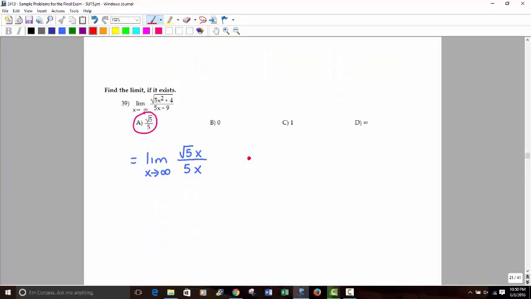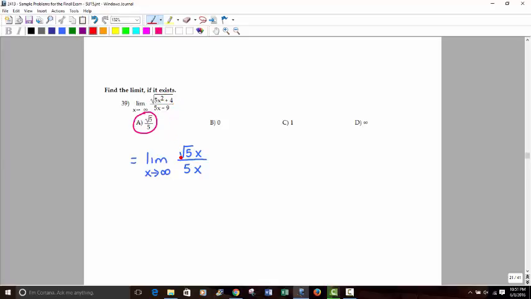Now this next one, 39, is a little tricky. Once again, algebraically, it'd be wrong to split those up into separate pieces, but because it's an infinity limit, we can. So to determine the power, we have to take the square root into play here. You take the square root of 5x squared. You don't care about the 4.